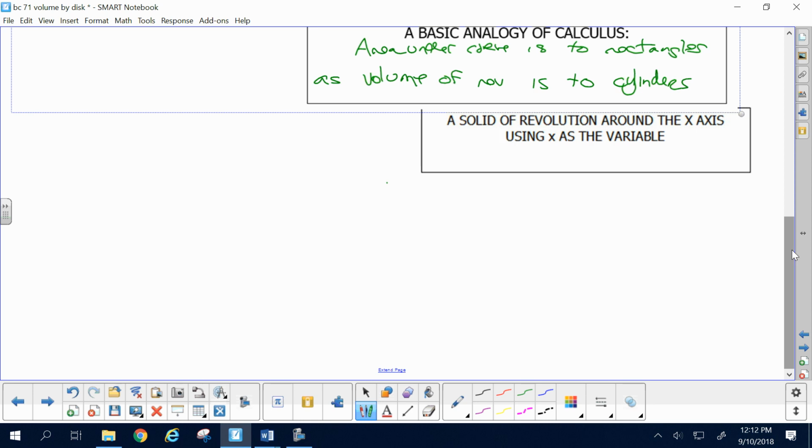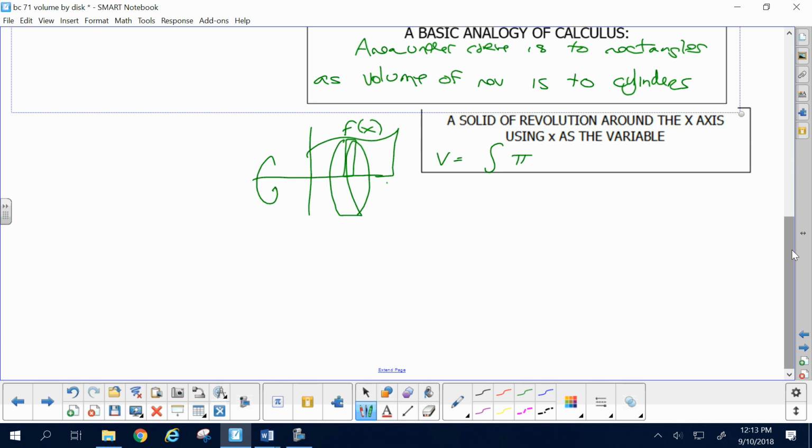For now, if it's around the x-axis, no matter what the region is, let's call it a general f of x, revolved around the x-axis, then think: a representative rectangle is revolved, and I would get a cylinder. To get the volume, I would add infinitely many cylinder volumes.